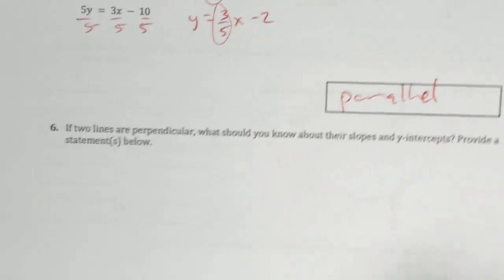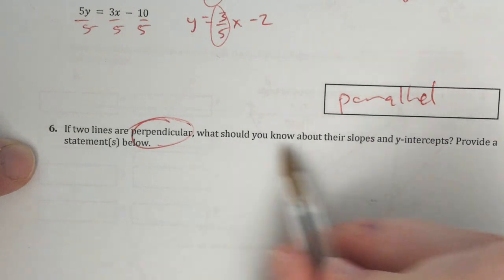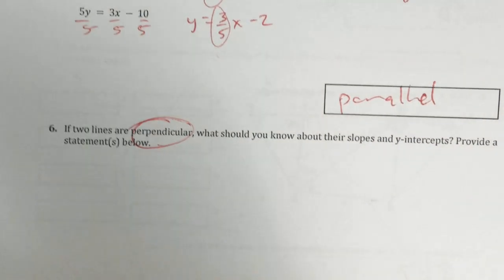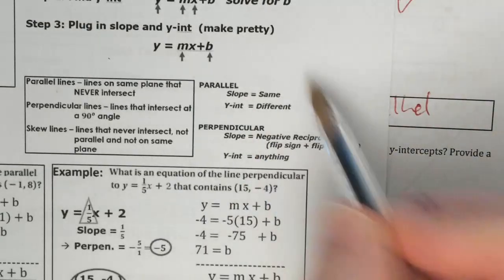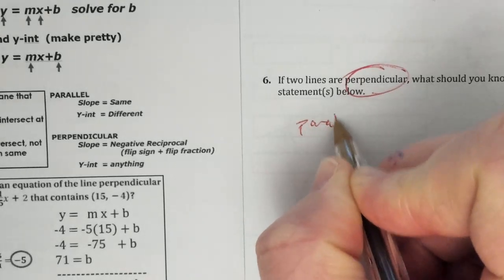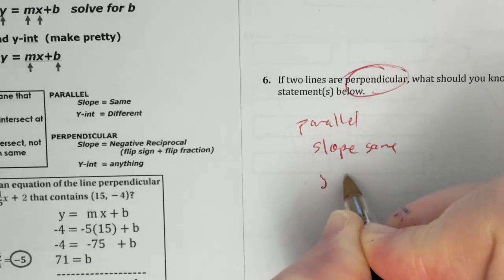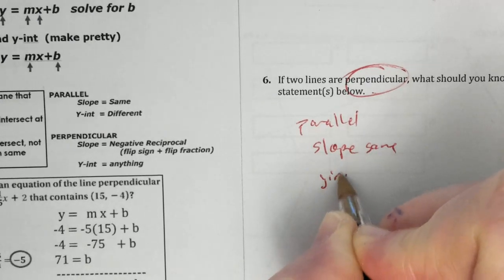Okay, and finally number 6. All right, if the two lines are perpendicular, what do we know about the slopes? Okay, so looking at our hot topics, don't reinvent the wheel. All right, it says it right here. So the two choices here. If I said that they were parallel, the slope would be the same, but the y-intercept would be different.